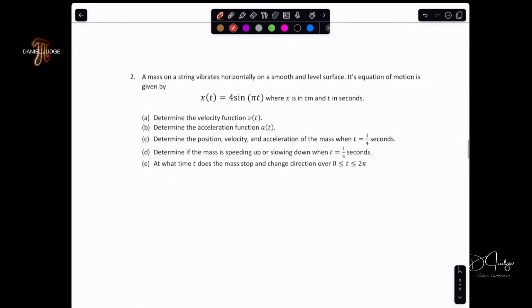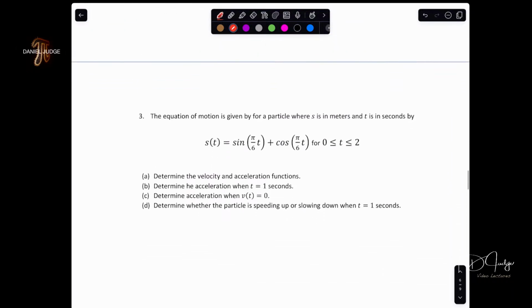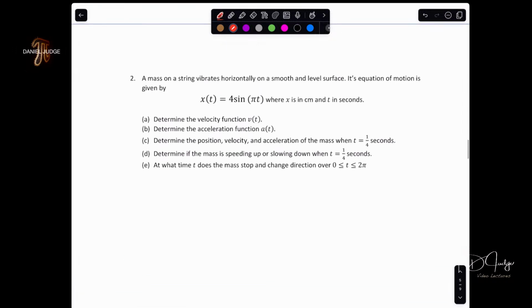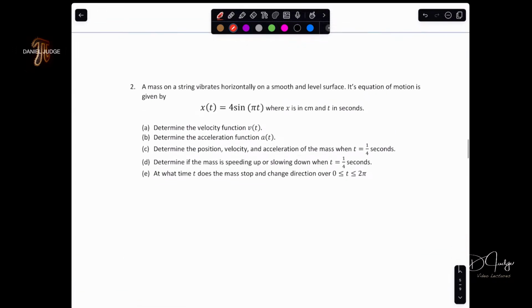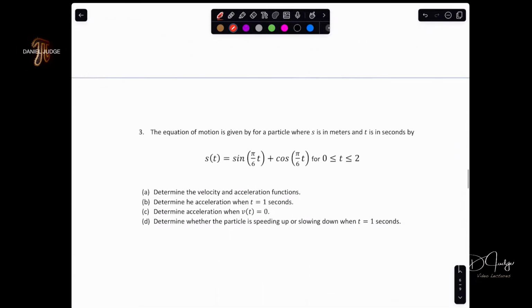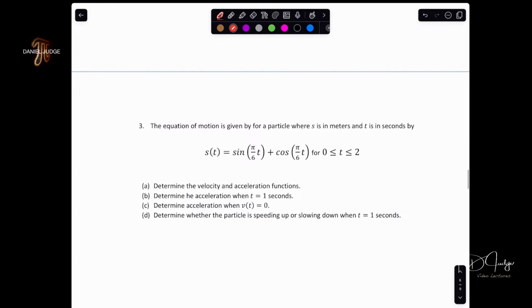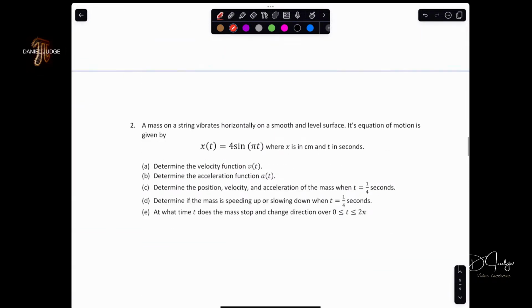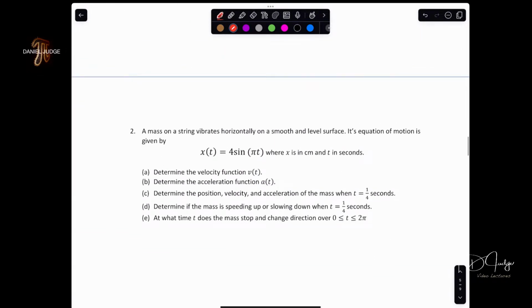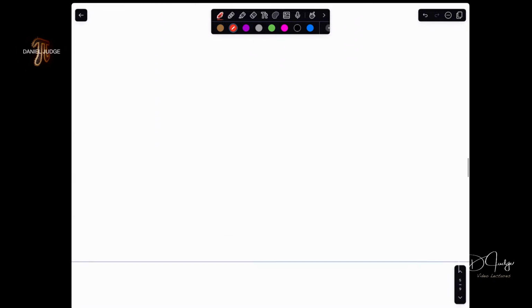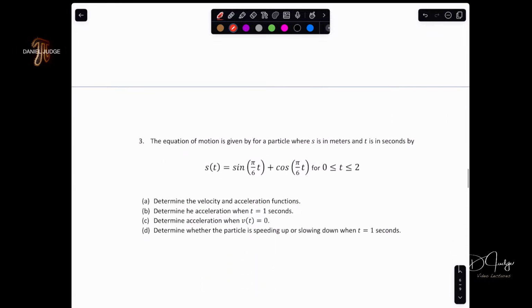Now, number 2 is a little different. Let's see, number 2 is very similar to number 1, but you're going to use chain rule, I guess. Let's look at number 3.